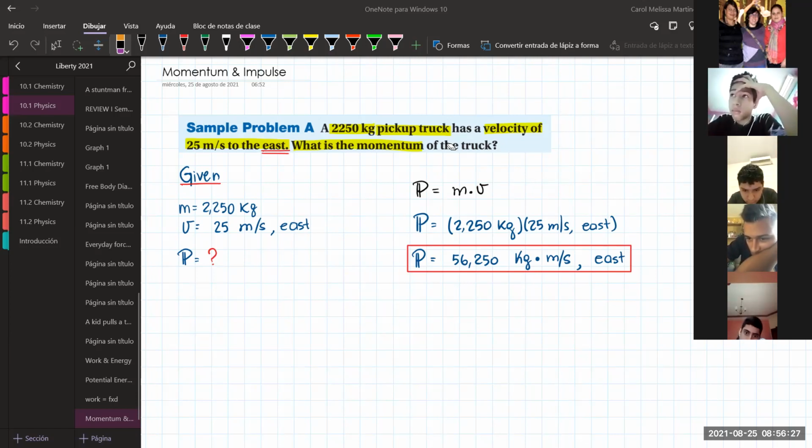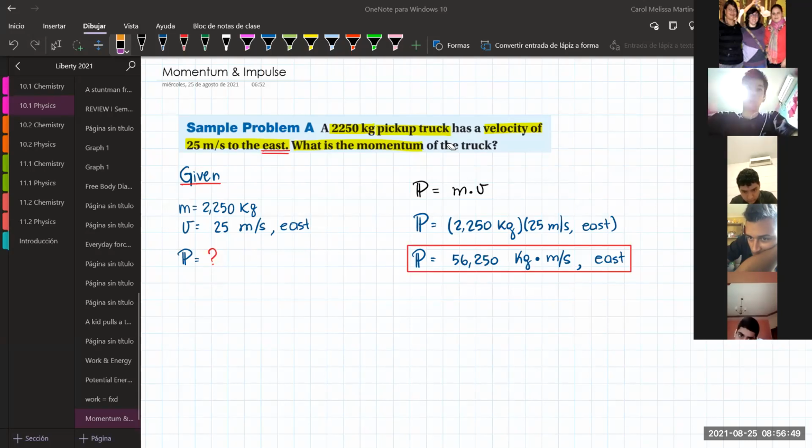Now, before I continue, remember that this formula requires velocity. And from what I saw the other day in the quiz, you already forgot how to do conversions for velocity. So in this moment, I will review conversions for velocity.